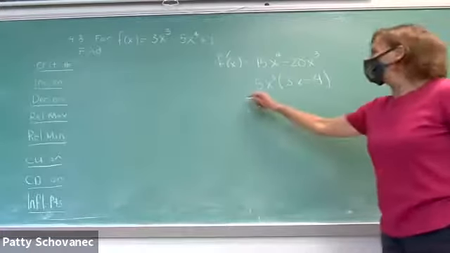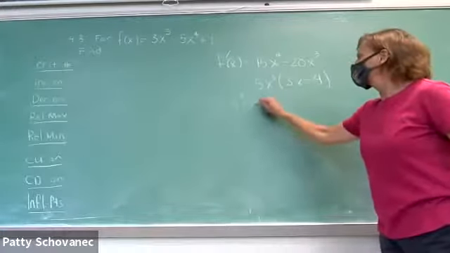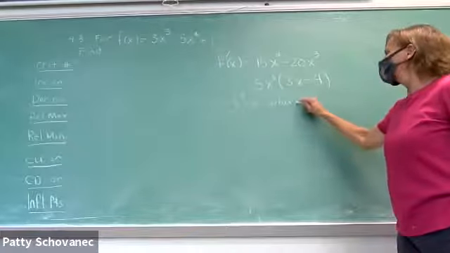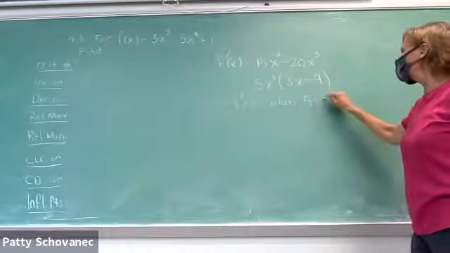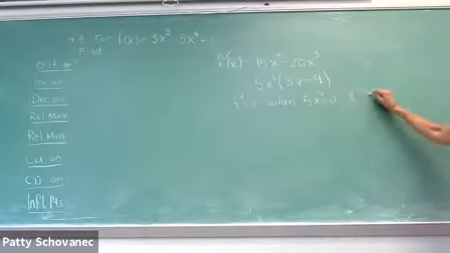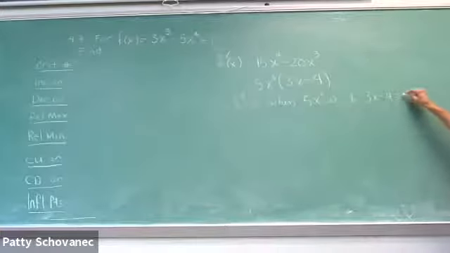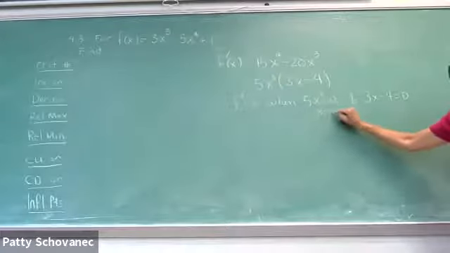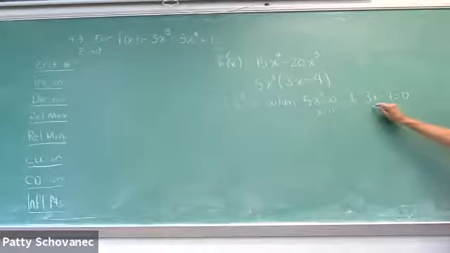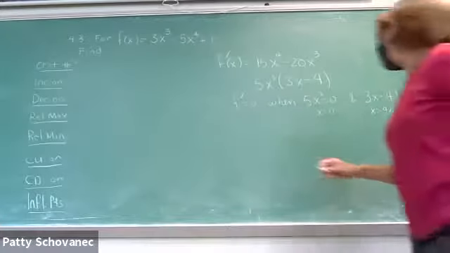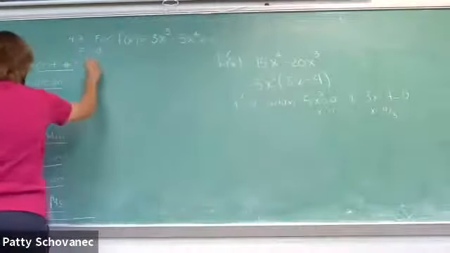So we have two critical numbers. 5x cubed is 0, and 3x minus 4 is 0. So this one's only when x is 0, and this is when 3x is 4, so x is 4 thirds. Those are your critical numbers, 0 and 4 thirds.